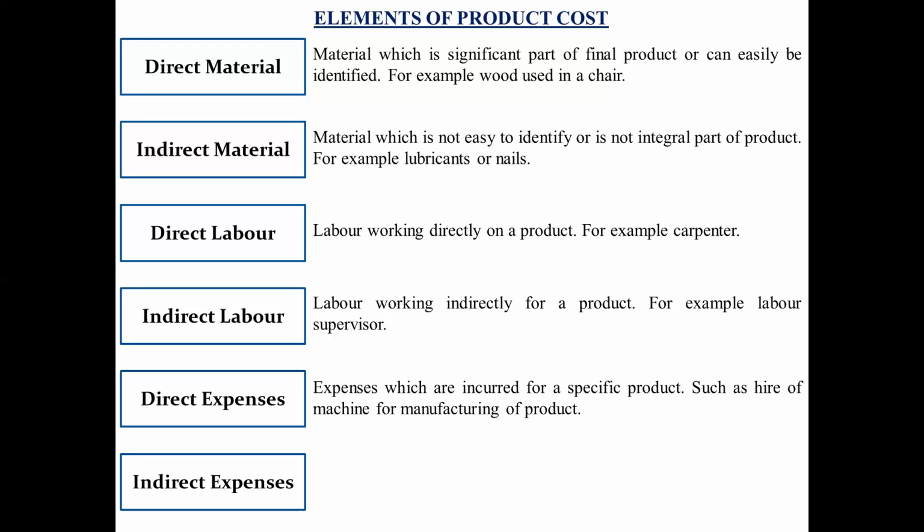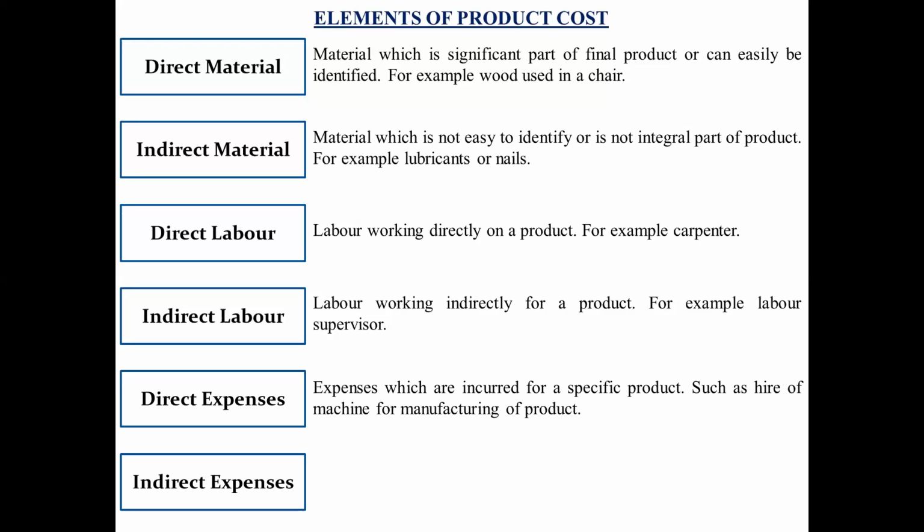And when you are going to apportion that, you are going to use a specific base for that. For example, for rent, we use area as a base. So now rent will be divided on the basis of area. So that is apportionment. Now rent is not directly connected to one specific product, so it's an indirect expense. In the same way, we have electricity used in the factory building. It's not for one specific product, it's for the whole building.